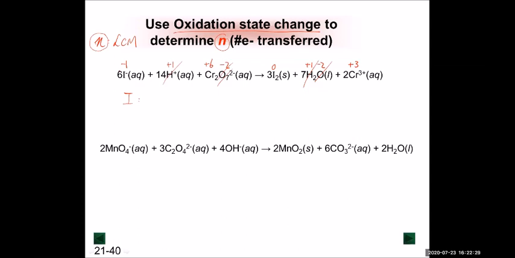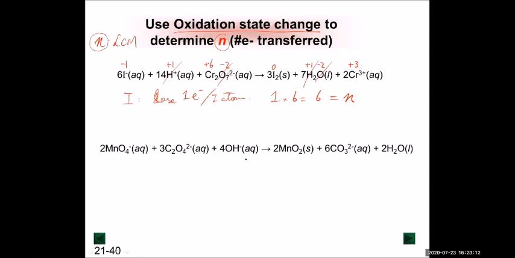If the charge increases, that means it lost negatively charged electrons. Each iodine loses 1 electron per iodine atom. And now you have 6 iodide in this reaction. So the total number of electrons lost by the iodide is 1 per atom times 6. This is the number of electrons transferred in this reaction, which is the n.